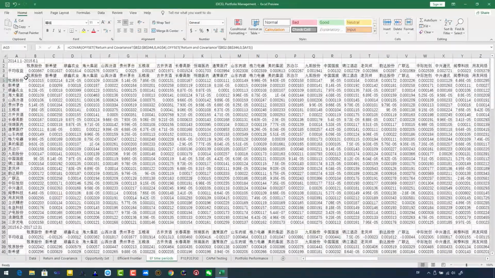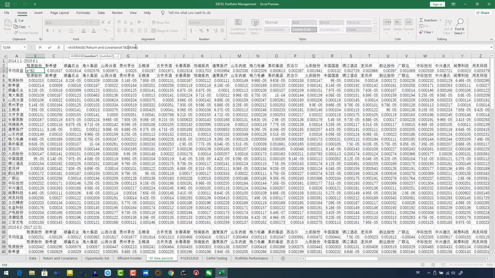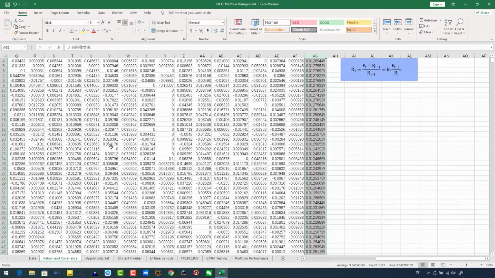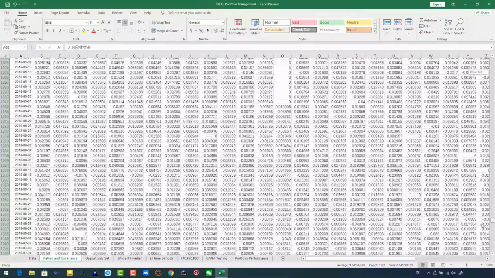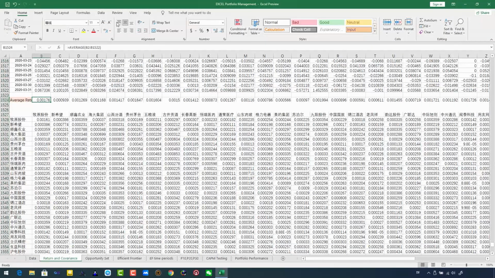So let's do it again, and you need to calculate and draw the efficient frontier once again. The difference is in the variance covariance matrix, and also the average return should be based on that time period. So here you can have a look at the average return. In the original data, we calculated the average return from B2 to B1522.